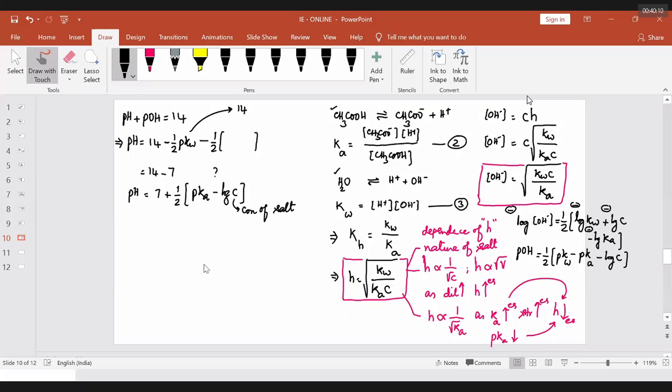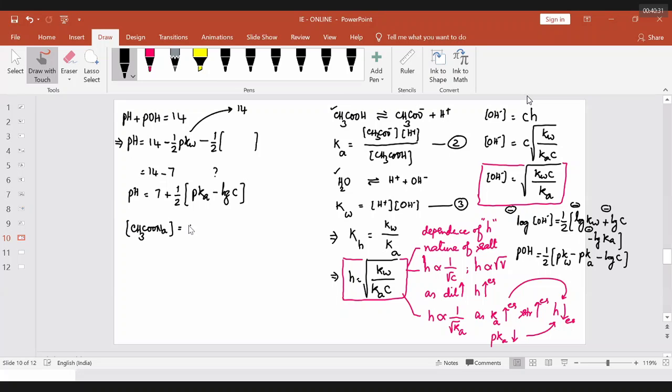Concentration of salt. In books, you have concentration of salt only, but this is not correct. Why is it not correct and what is the correct statement? See here. Suppose I have taken CH3COONa. This is a salt.